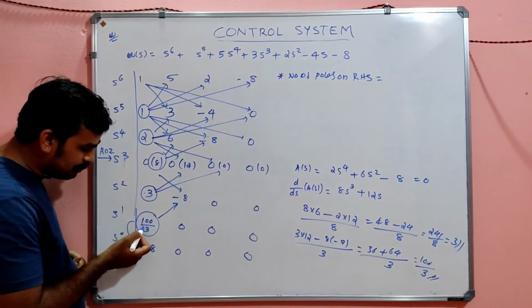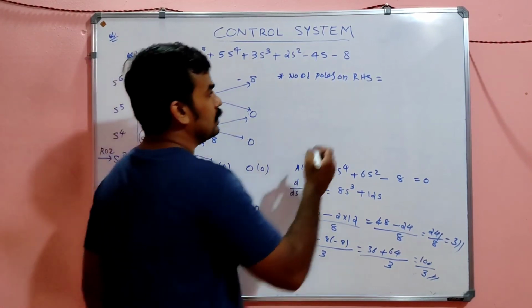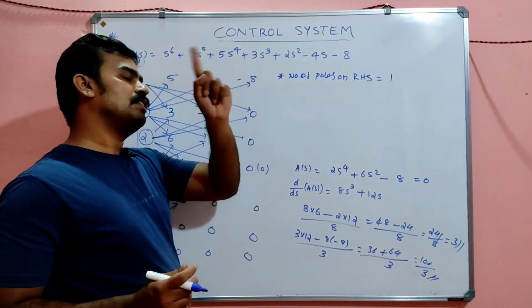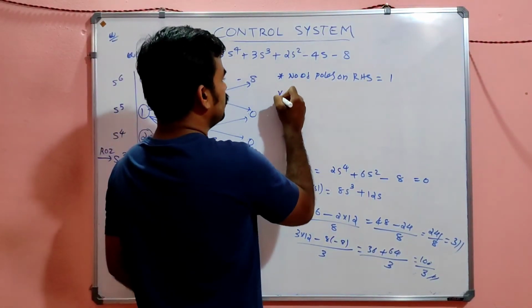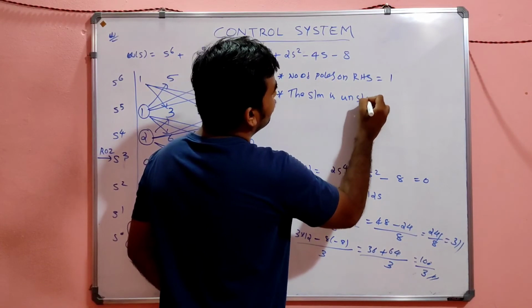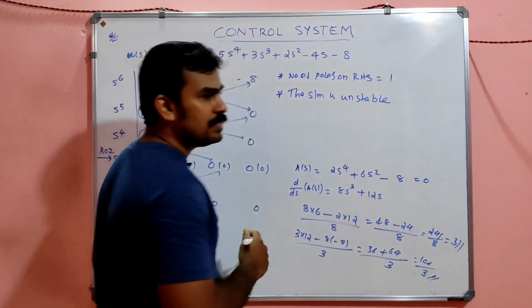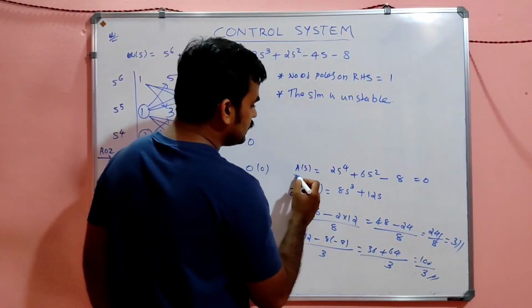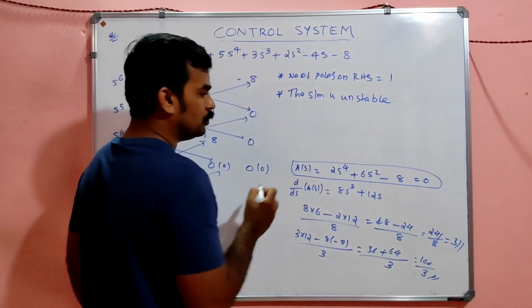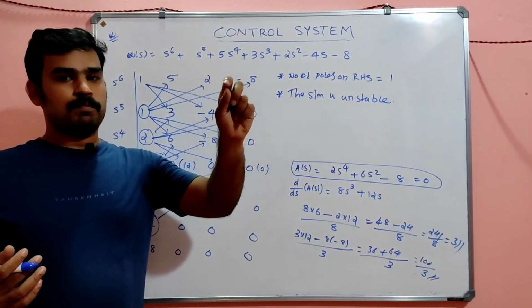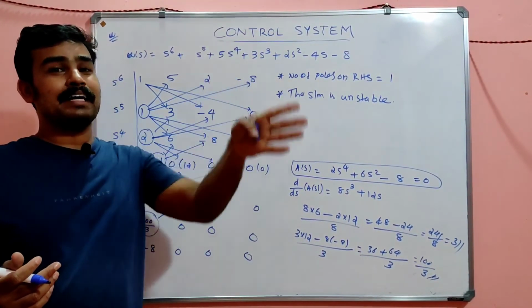So symbol simply plus to minus, only one sign change. So 1. If there is any one pole on the RHS, my dear, the system is unstable. And by solving A of s equal to 0, you will get the number of poles on the imaginary axis.